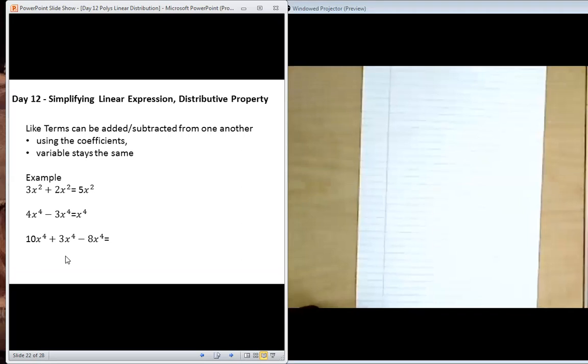So we have 10 to start with, and then we get 3 more. So how many do we have? Yep, 13. And then we get 8 taken away. So how many are we left with? 13 minus 8.